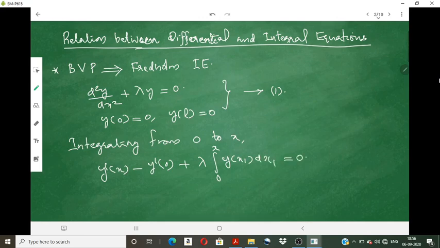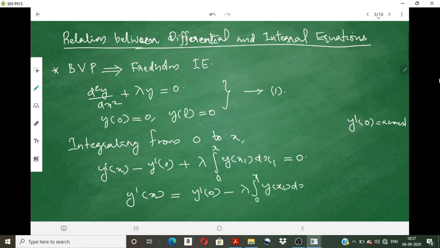Now we don't know the value of y dash at 0, so y dash at 0 is a constant. So we can write once again y dash of x as y dash at 0 minus lambda into integral 0 to x y of x1 dx1.